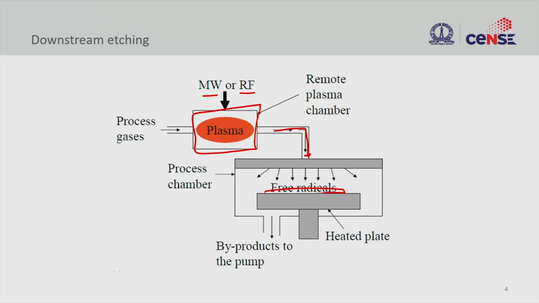We are only interested in the radicals that are reactive in nature, and those free radicals are pushed through the system, and then we can extract those and make them react with the substrate, right. This substrate holder can also be heated if you want, and then it is pumped out through this end. This is how you drive the differential in pressure, and then you can downstream the plasma.